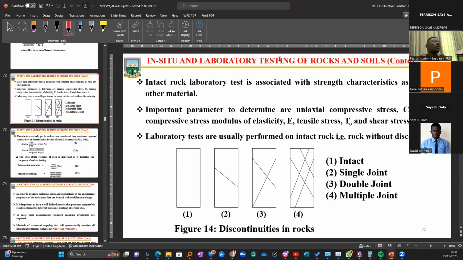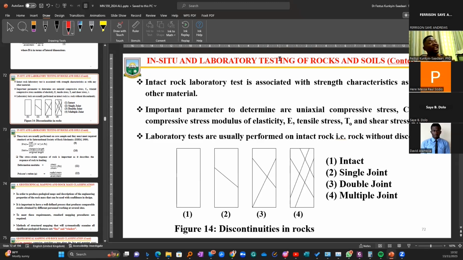Usually, if we want to test for the properties of the rock, we try as much as possible to pick the portion of the rock that is free from any kind of discontinuity, so that we can get the exact true strength values. Just imagine that big mine you are working in.